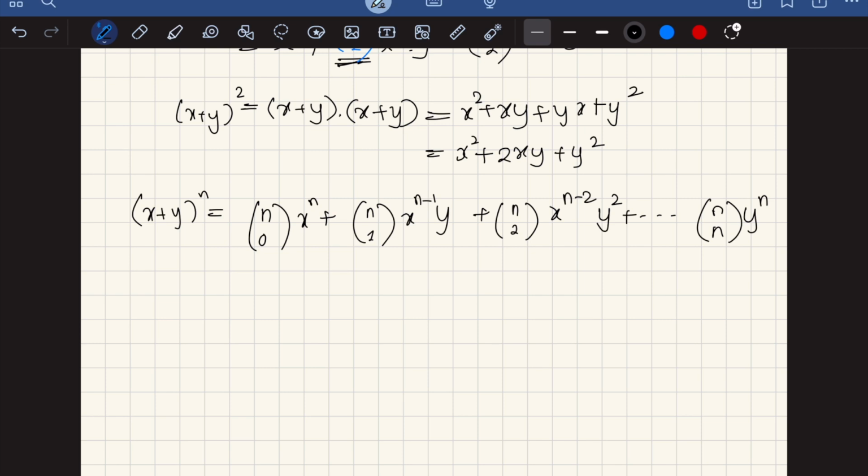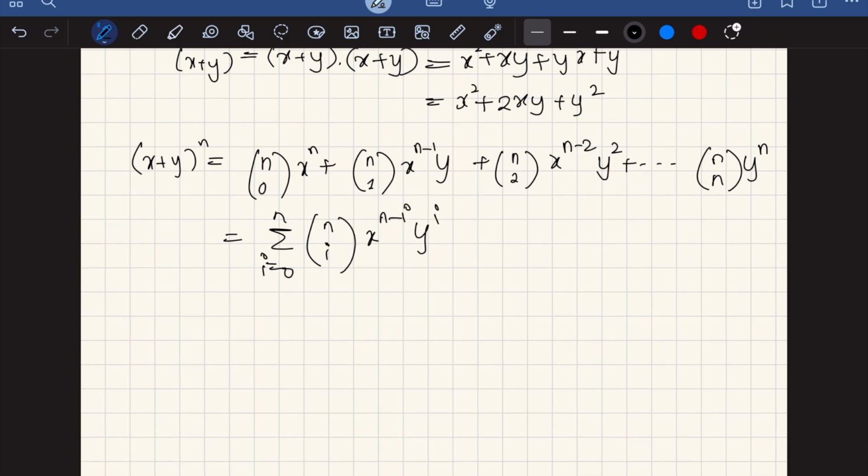It would be summation of n choose i x to the n minus i, y to the i, where i is from 0 to n. Is this okay? This is just a closed form. Okay, good.